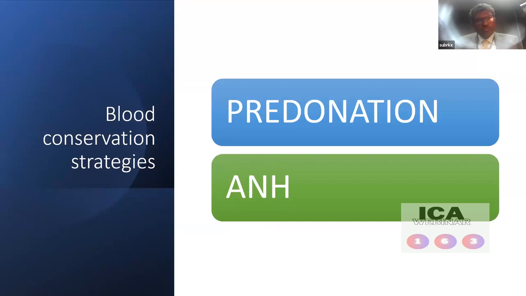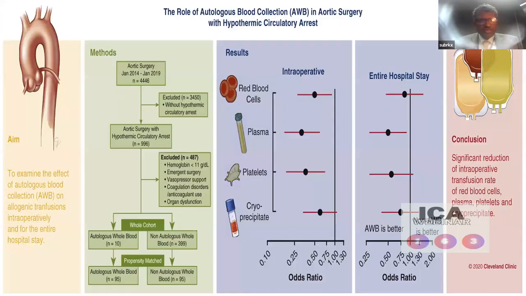Is there a special role for pre-donation or pre-operative collection of blood? This is a study done with autologous blood collection in aortic surgery with hypothermic arrest at Cleveland Clinic, where they propensity matched autologous whole blood versus non-autologous whole blood transfusion recipients.